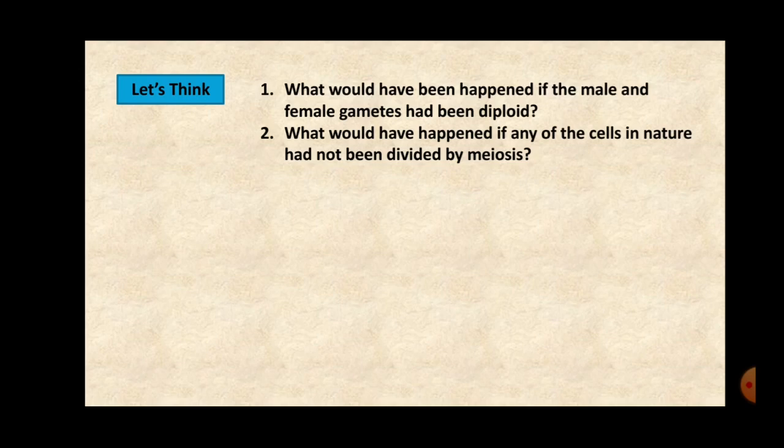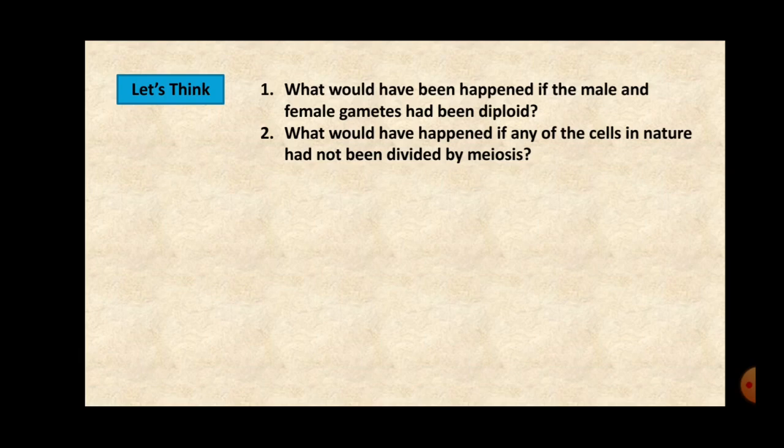Second question is, what would have happened if any of the cells in nature had not been divided by meiosis? Actually the question is the same, but it is just twisted. If meiosis would not have been there, then the gametes would have been diploid, right? Because of meiosis, the number becomes half, it becomes haploid. But if meiosis would not have been there, then only mitosis would have been there, and in mitosis the number of chromosomes remains the same.